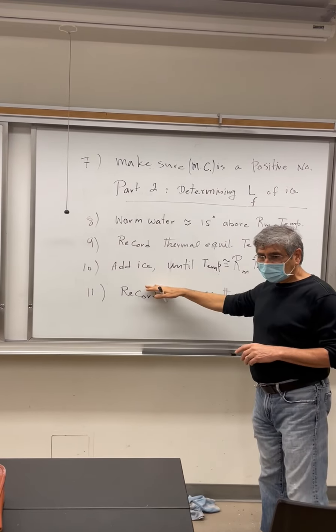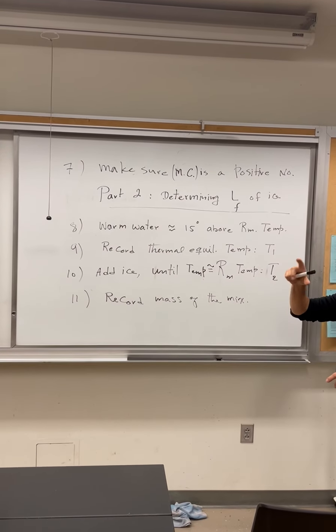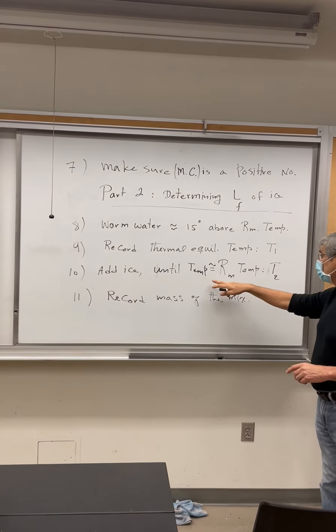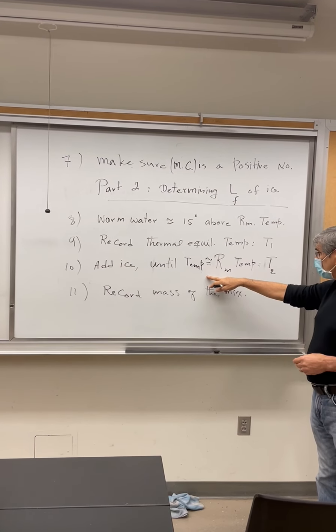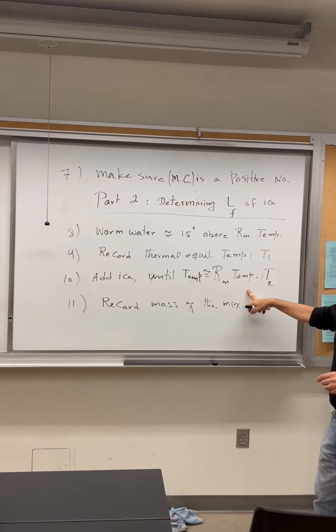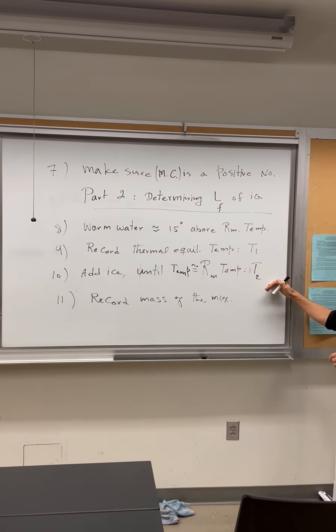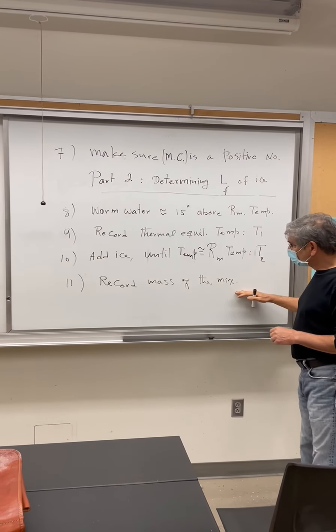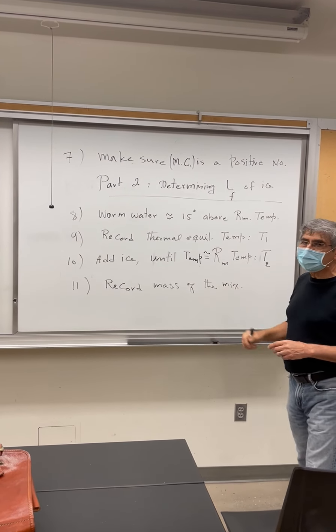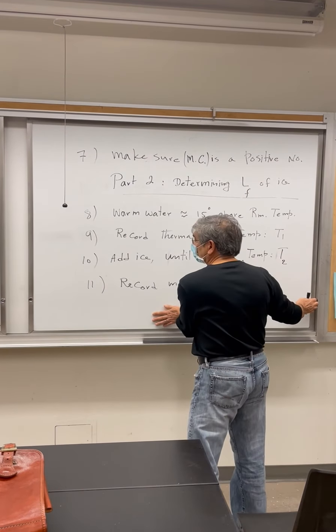Then we are going to add ice, and we keep adding ice, and we monitor the temperature of the thermometer, which is inside the calorimeter, until it becomes about the same as the temperature of the room. That we call T2. That's the equilibrium temperature. And of course every time we have to find the mass of whatever we add. So we have the mass of all the ingredients.